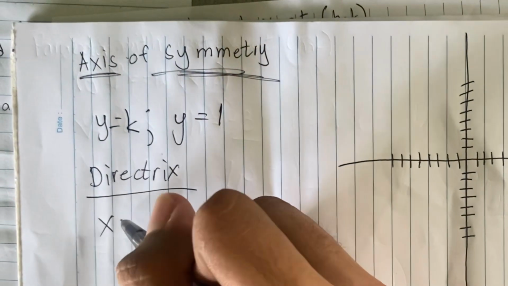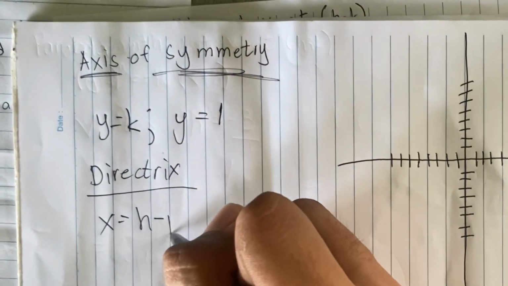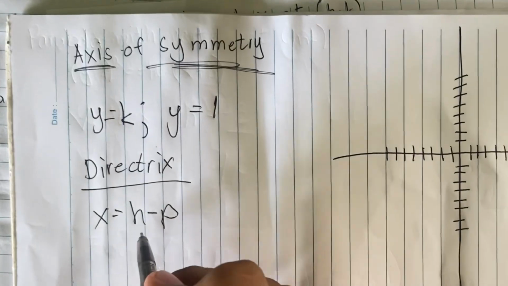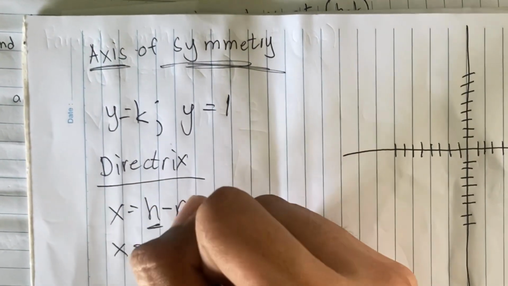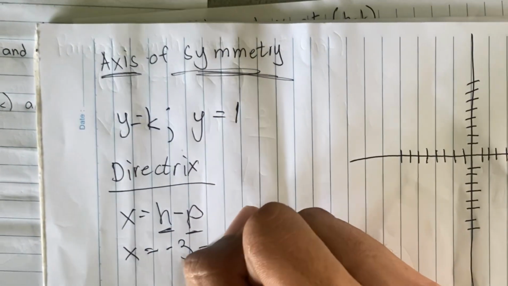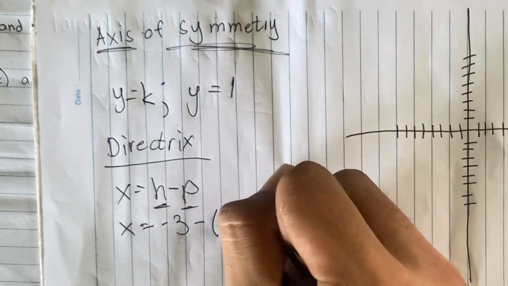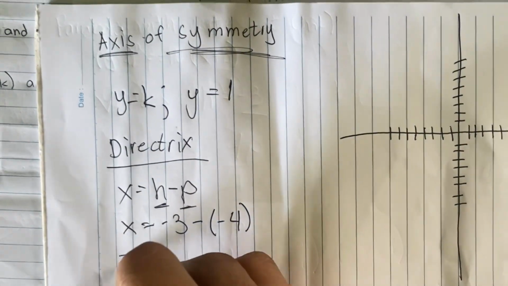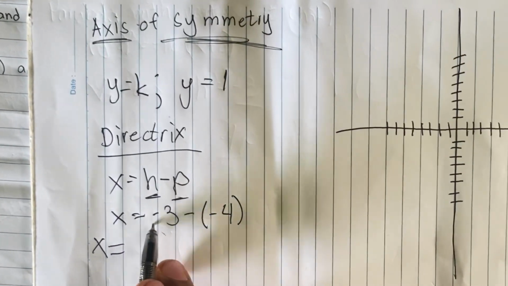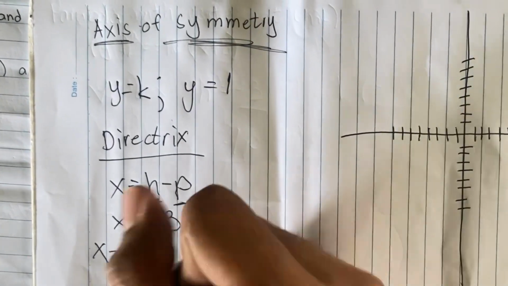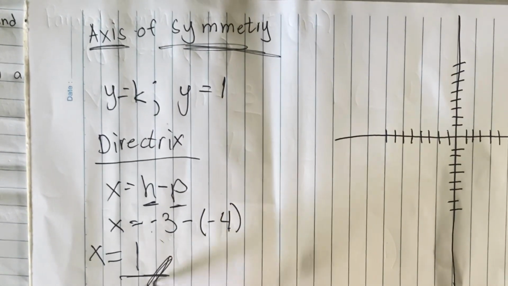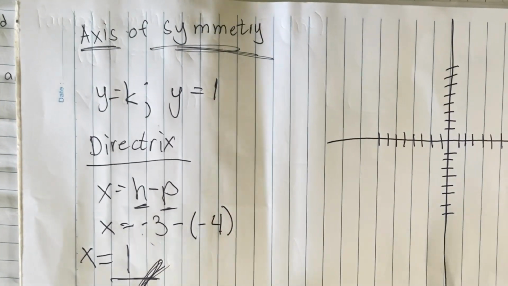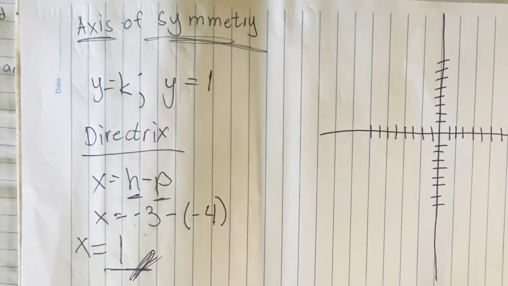We are just going to follow the formula x equals h minus p, and substitute the h and p, and the answer is 1. And that's how we find our directrix.